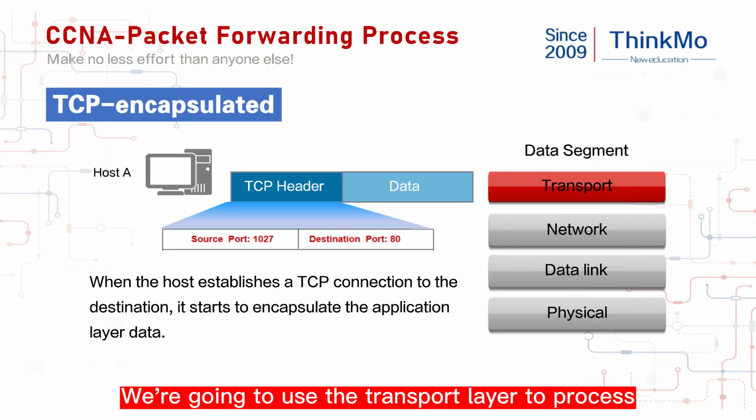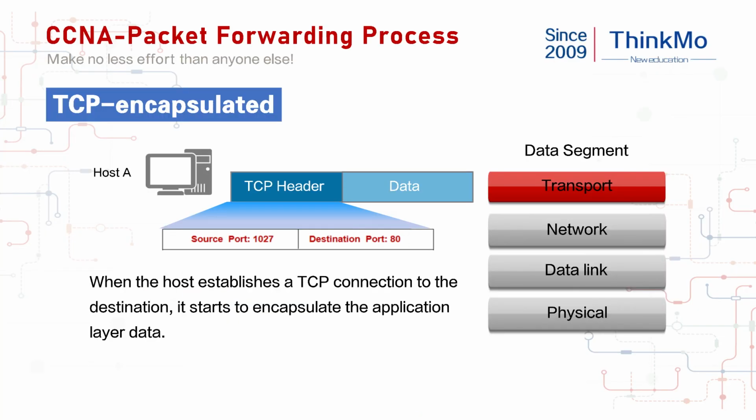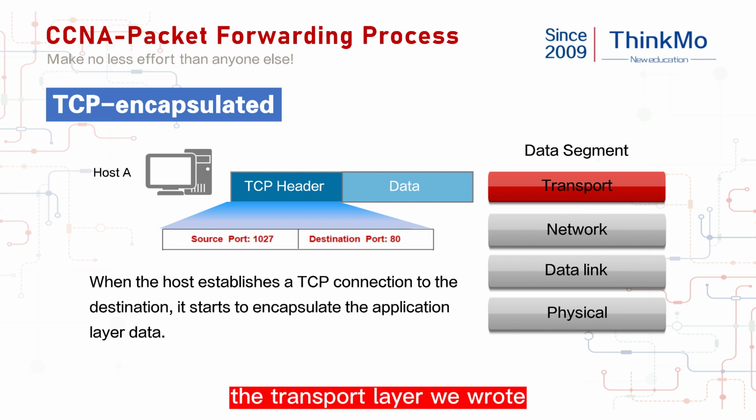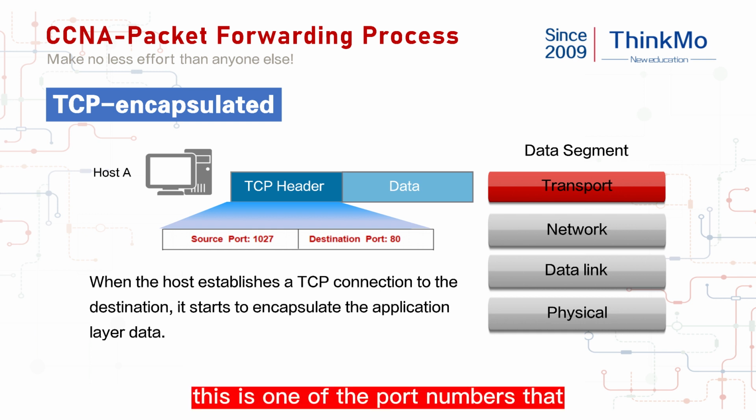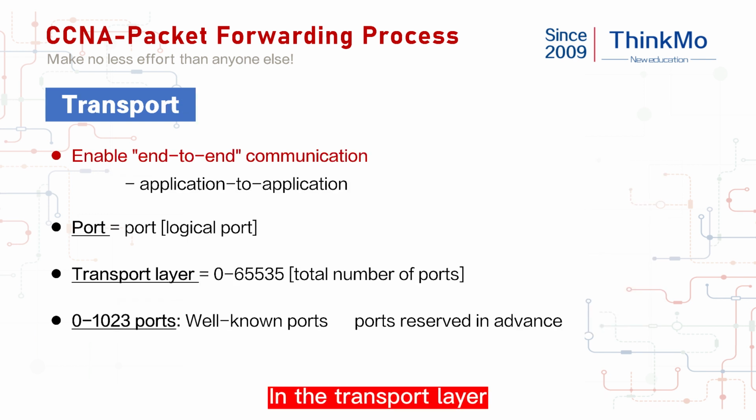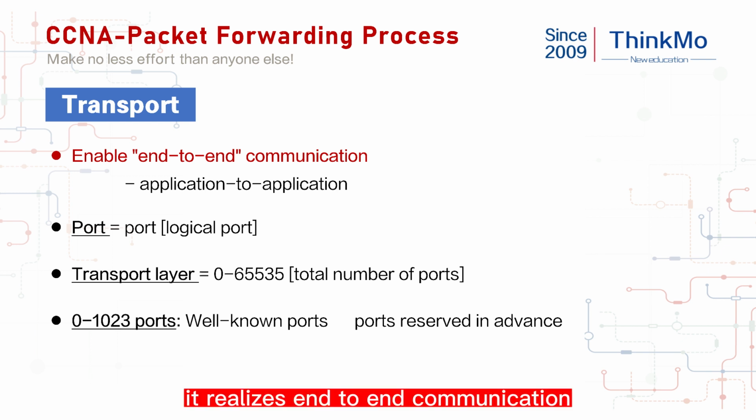We're going to use the transport layer to process. In this picture, the transport layer we wrote has a destination port called 80. This is one of the port numbers that everyone is asked to memorize. In the transport layer, first of all, it realizes end-to-end communication.